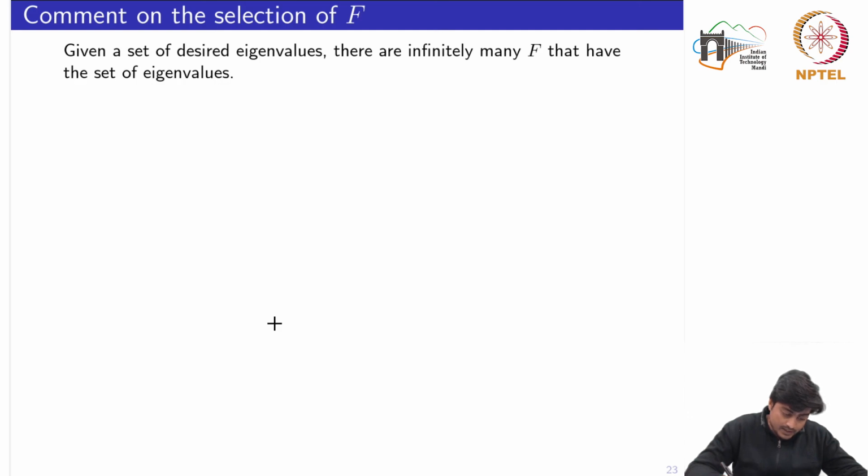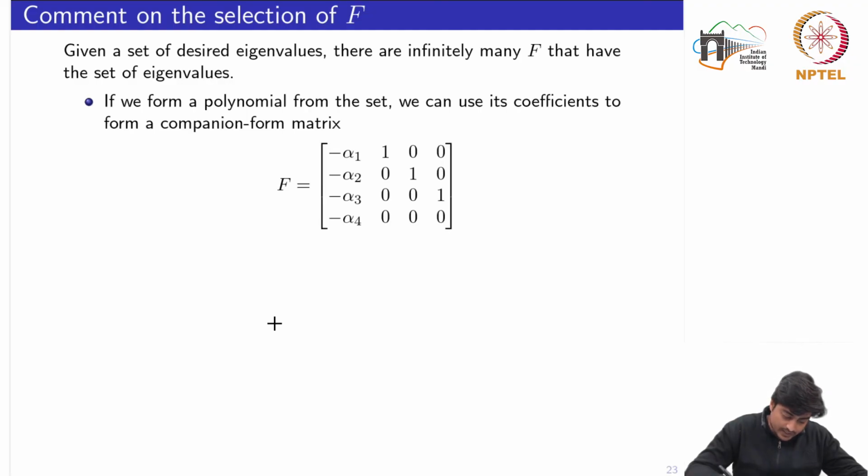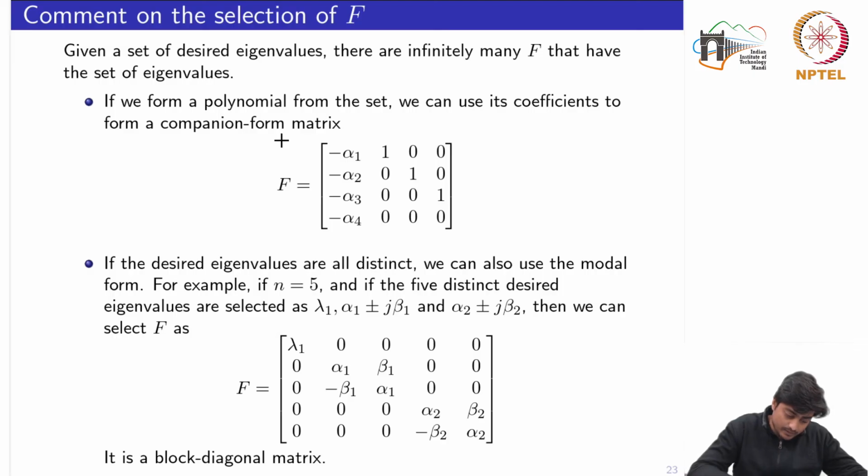Now commenting on the selection of F, given a set of desired eigenvalues, there are infinitely many F that have that set of eigenvalues. So we can take two forms. The first form could be, if we form a polynomial which we had seen earlier from the set, we can use its coefficients to form a companion form matrix, so that all the coefficients I can arrange this way, where all these coefficients are of the F matrix.